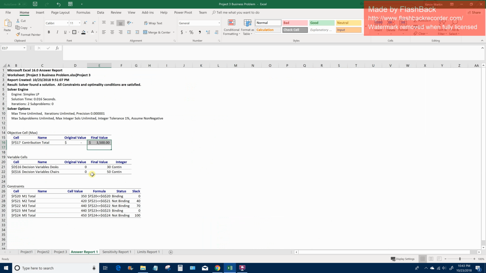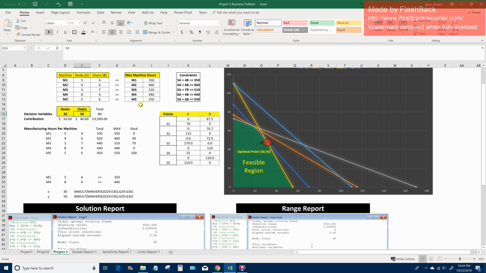Going further, you can see that it has our max machine hours given here. Since we set these up through formulas, it'll tell us how long we need to run the machines to get the desired results we need.